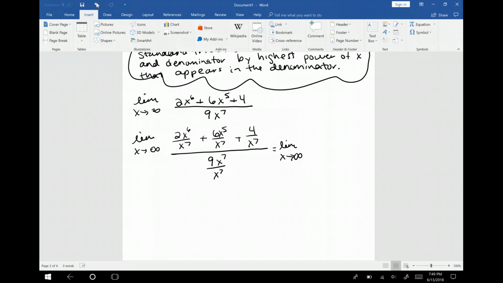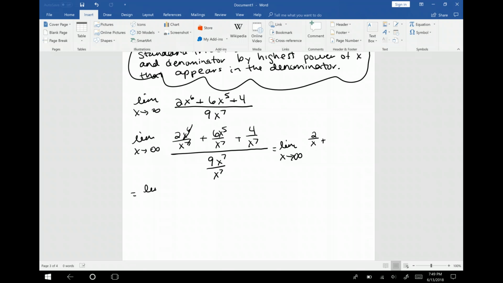2x to the 6th divided by x to the 7th is equal to what? 2 over x, right? And then 6x to the 5th over x to the 7th is 6 over x squared.